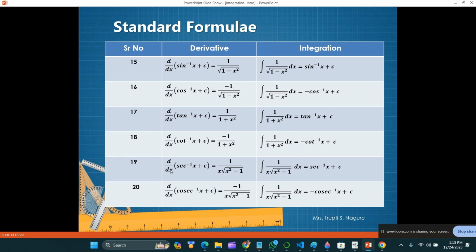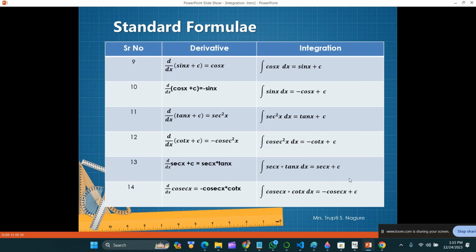Similarly, the derivative of sec inverse x is equal to 1 upon x into root x square minus 1. So the integration of 1 upon x root x square minus 1 dx is equal to sec inverse x plus c. Now you can see here the ratios which start from c, that is cos, cosec, cosec into cot: the answer will be negative.